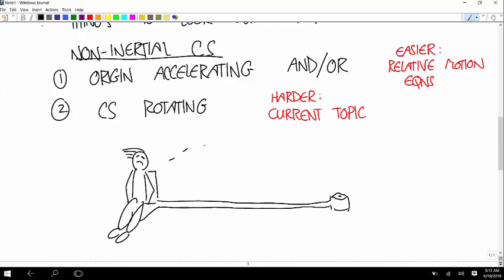Okay, so this thing is traveling in a circular path. And let's think of three coordinate systems. The first one is like this, and it's fixed.